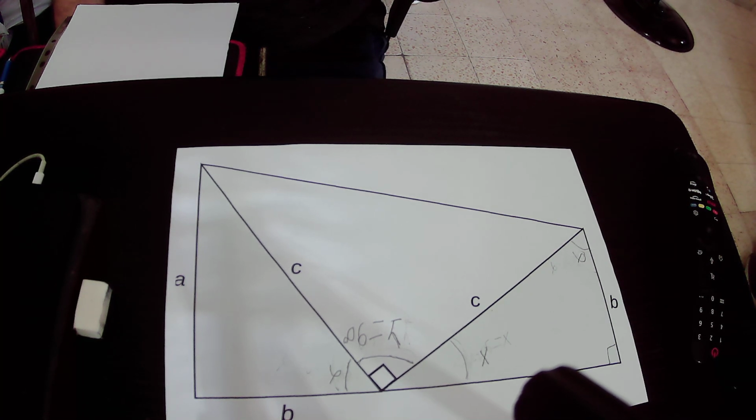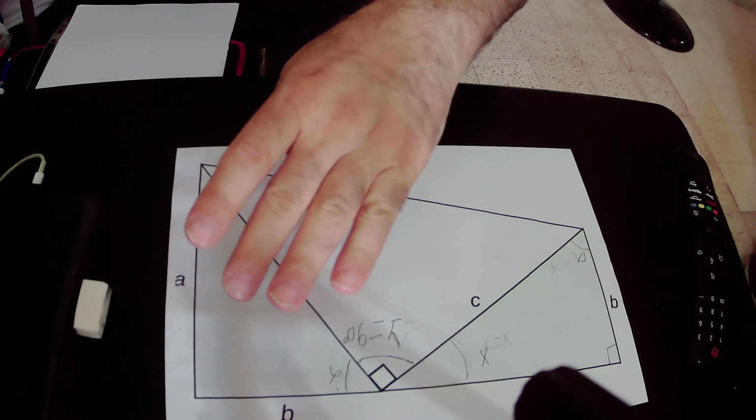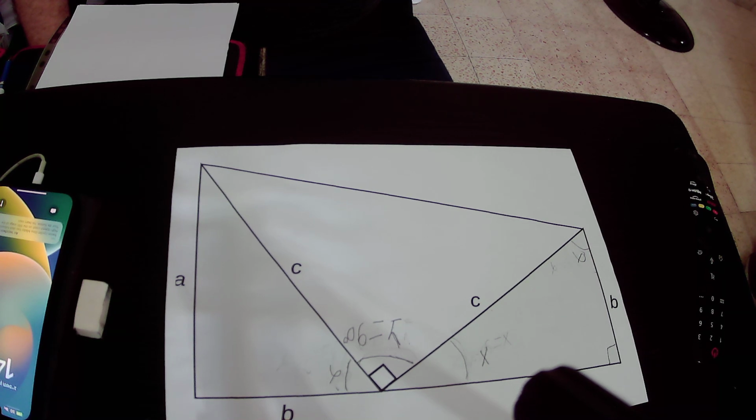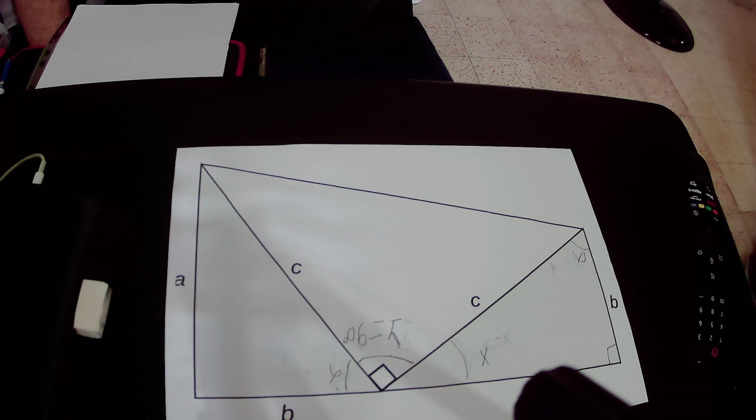We will calculate the area of this trapeze in two ways. Then we will compare the results of the first calculation to the second calculation. Of course, they must be equal, and we will build an equation that expression 1 equals expression 2, and from this we can derive the Pythagorean theorem.